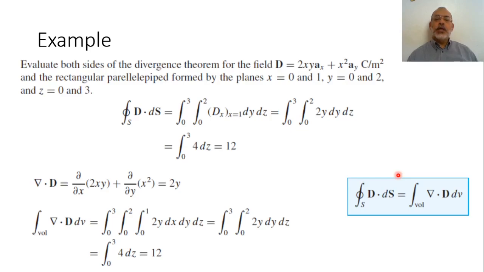And we concluded that the integration over a closed surface of D dot dS, or in other words, the total flux from a closed surface, equals the charge included inside the surface, which can be represented in differential form as the divergence of the electric flux density equals the volume charge density.